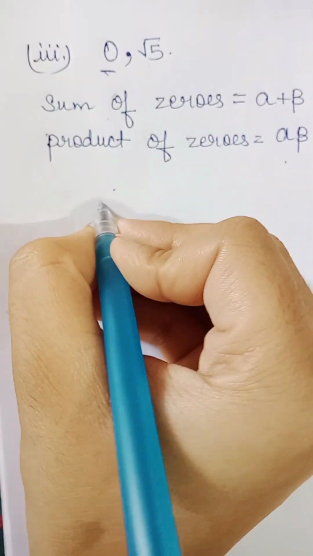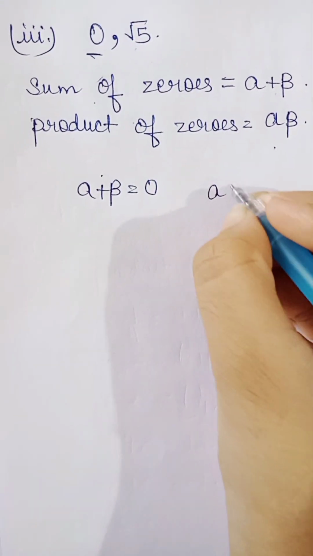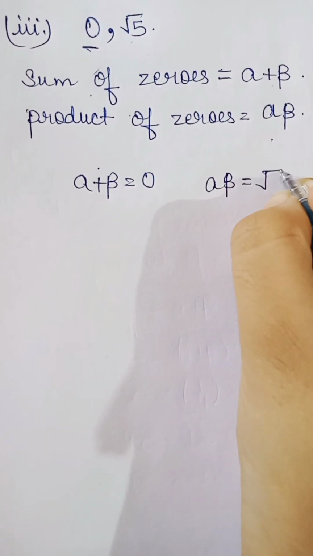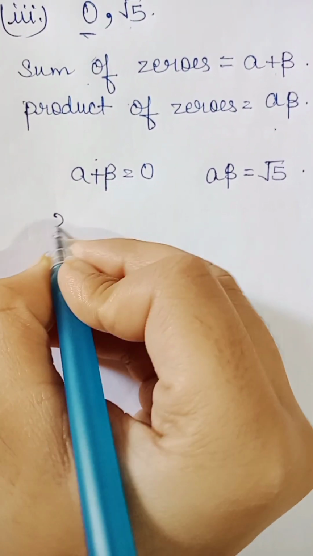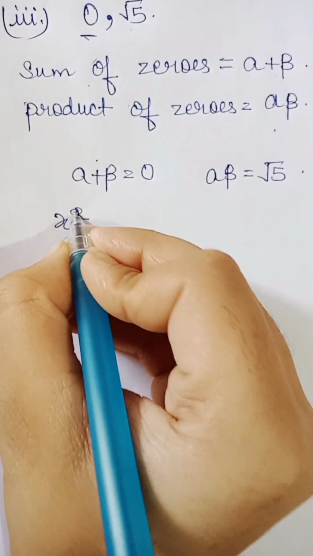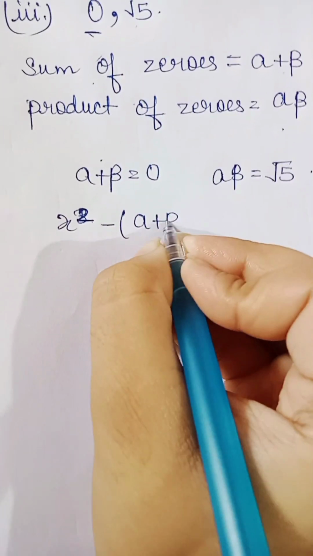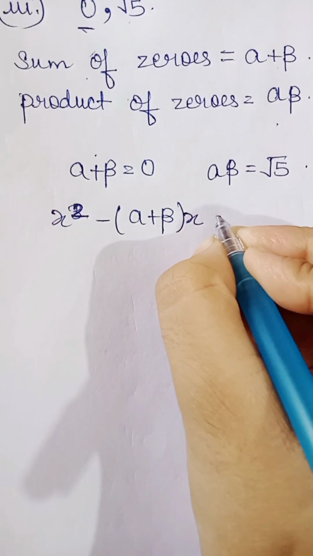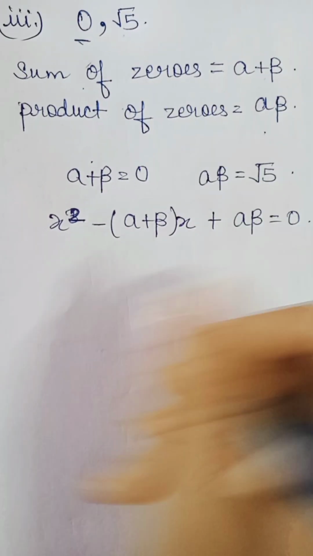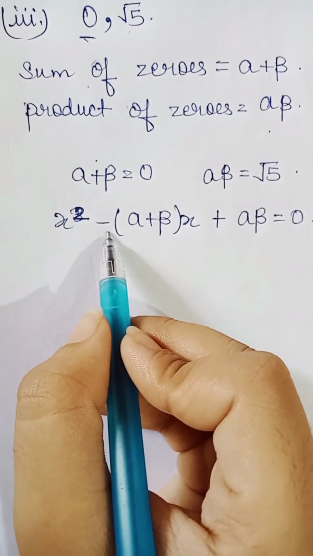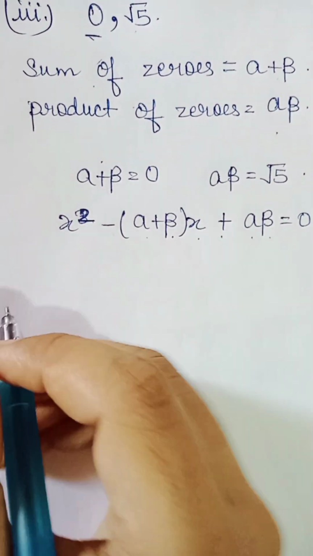So we can write here that alpha plus beta is equal to 0 and alpha into beta is equal to under root 5. Now the quadratic polynomial that we can assume is x square minus alpha plus beta into x plus alpha into beta is equal to 0.